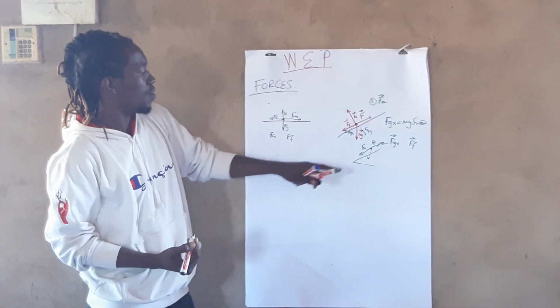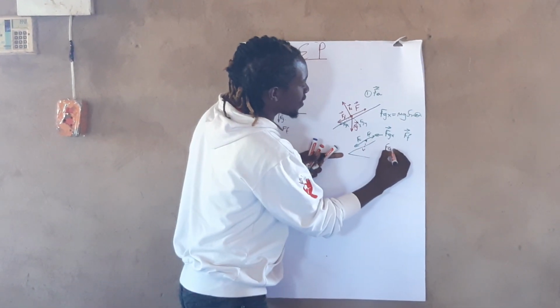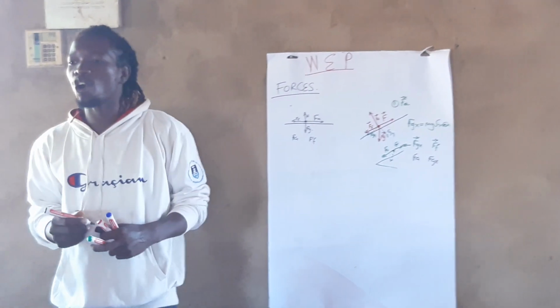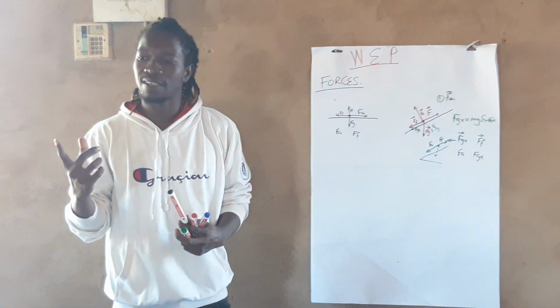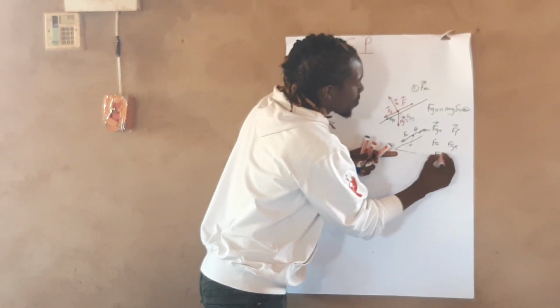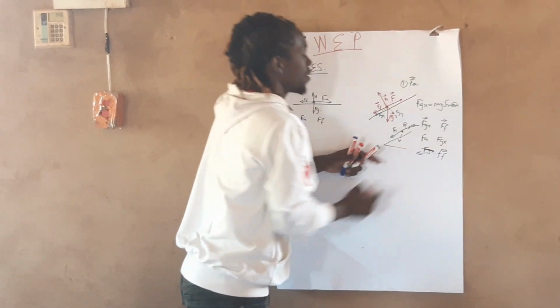So which forces are going with the motion? Force applied and Fg at x. It means that now the object only needs to fight against frictional force. So there's only one opposing force, which is the frictional force.